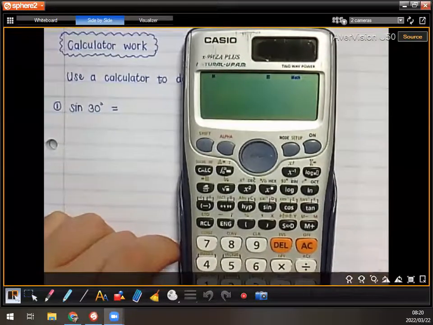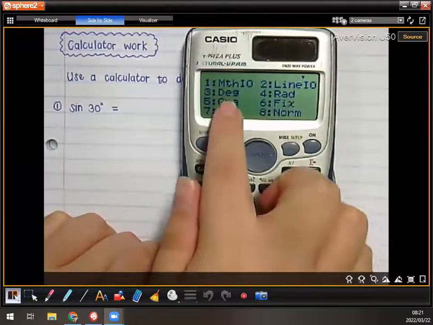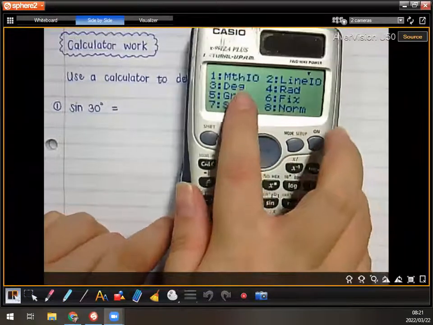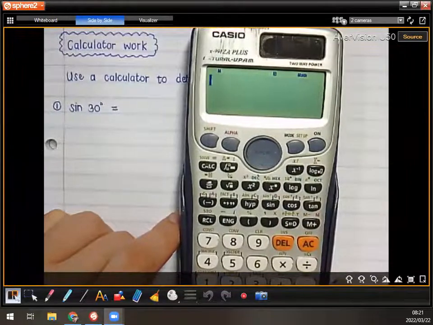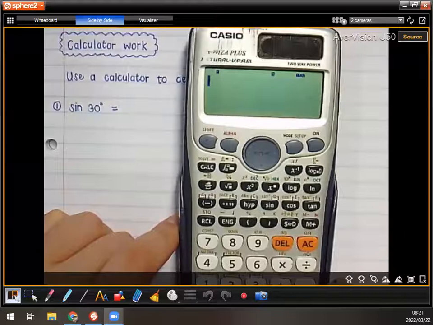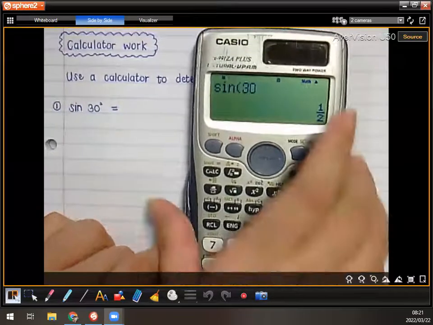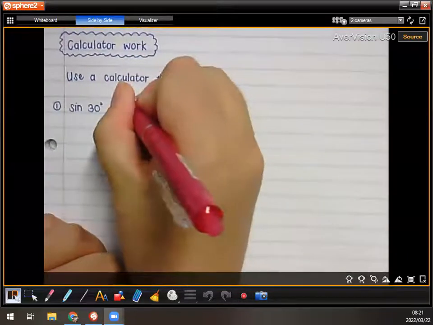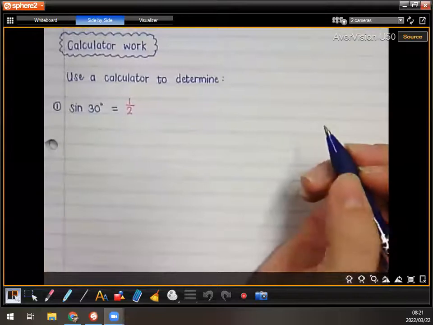Then you will have to go to, let's remember, shift, mode, and you can look for degrees, which is number 3 on mine, it might be different on yours. Just a minute, okay? All right, so sine 30 is equal to a half. There we go, that's the answer.